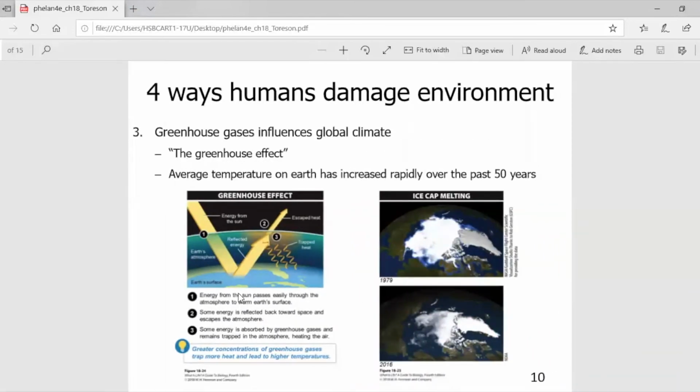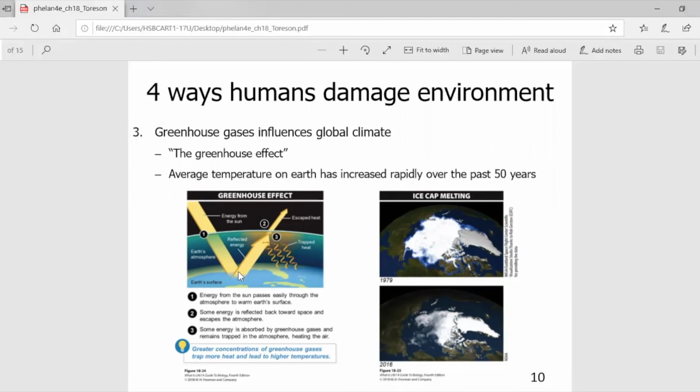A third way human activities damage the environment is the production of greenhouse gases. Greenhouse gases are what is underlying global warming. Here in this figure 18.24 from your textbook, we see the greenhouse effect in action. This large yellow arrow indicates energy from the sun that is coming to Earth.